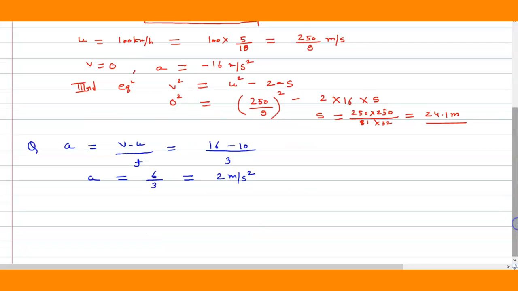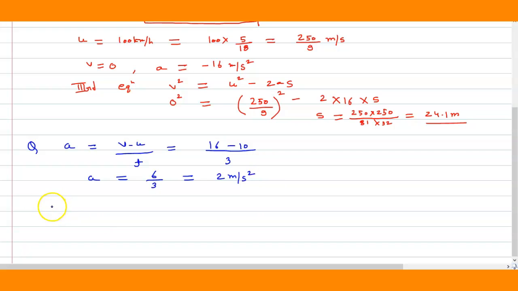Okay. Then, having calculated the acceleration, I want to calculate the initial velocity from the same instant.